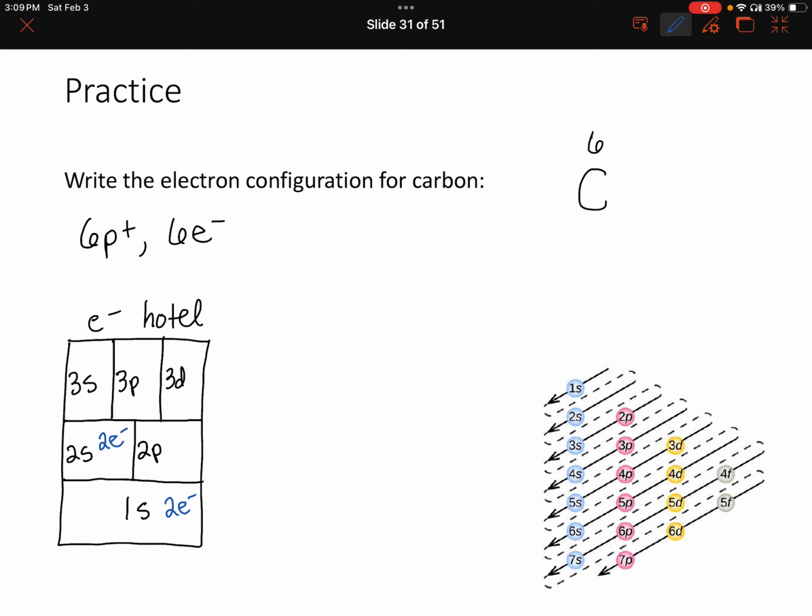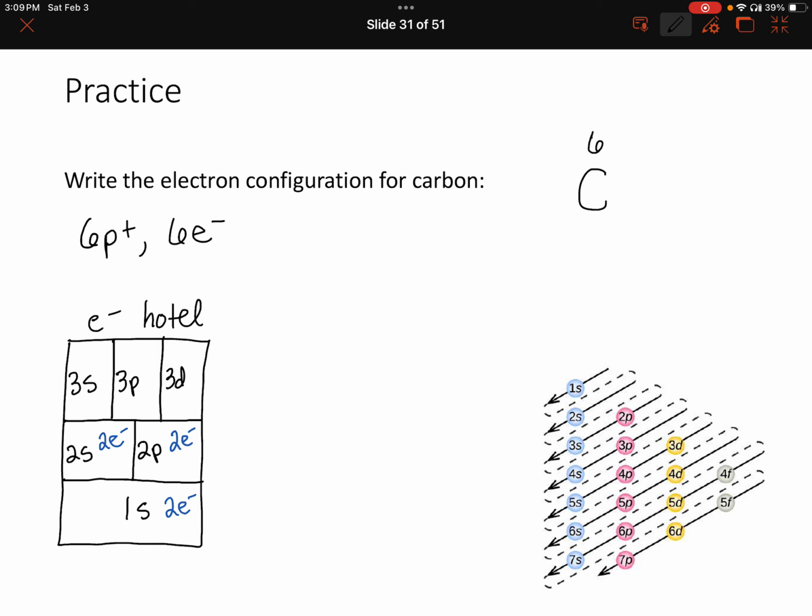We have 2 electrons left, and they're going to go in the next highest energy room, which is 2p. Now, earlier we said that p rooms can hold 6 electrons, but that's a maximum. So if we only have 2 electrons left, they can still stay in room 2p. They're just going to have 4 empty beds, right? So that's okay. That's totally fine. Maybe they're going to bring some friends over later.